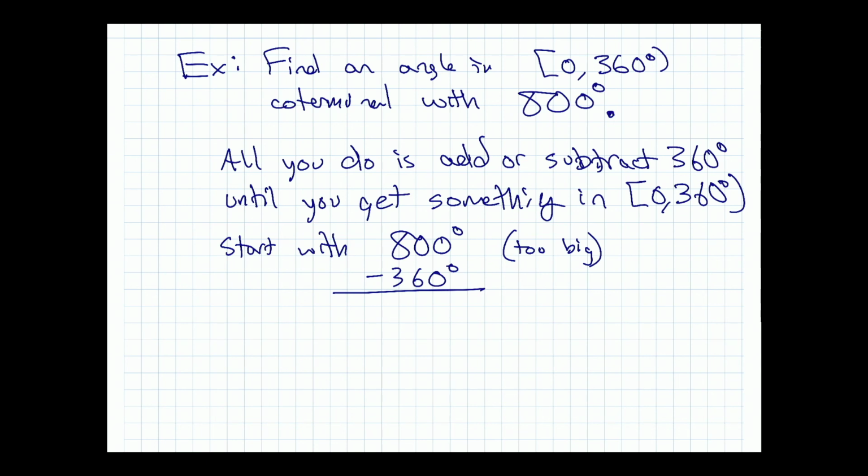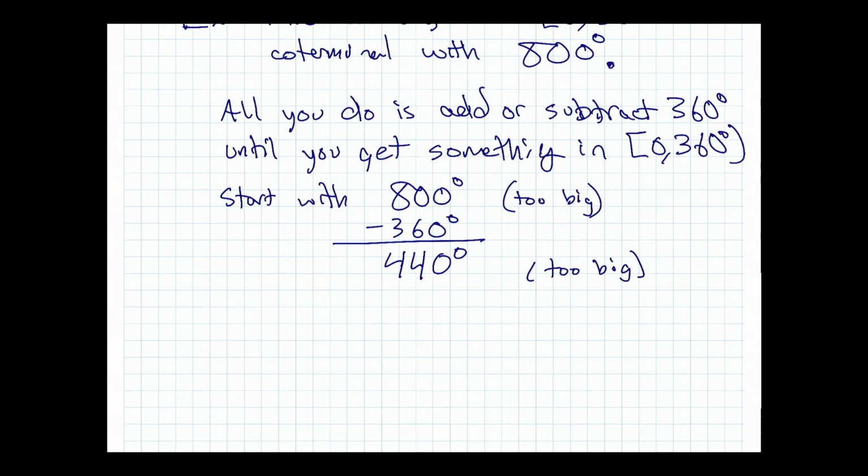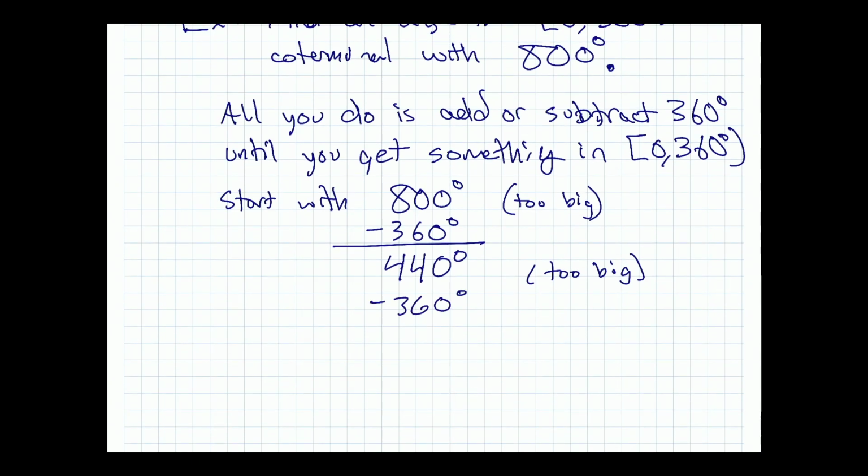So you need 800 minus 360. I said I don't have a calculator, but I better find one. All right. So 800 minus 360 is 440 degrees. Now that's still not in 0 to 360. It's still too big. So what are you going to do about it? Subtract another 360. You get 80, right?